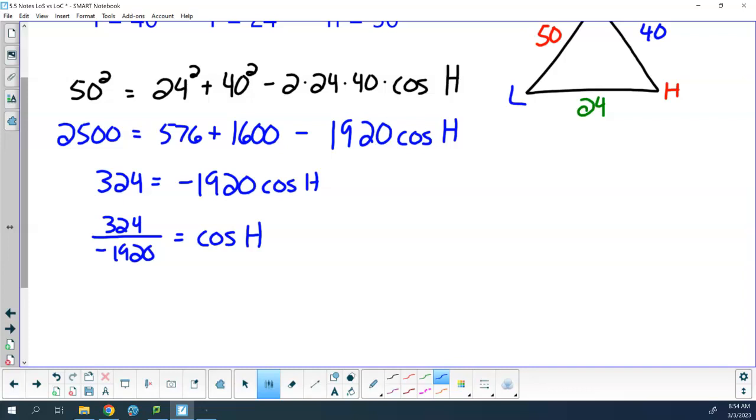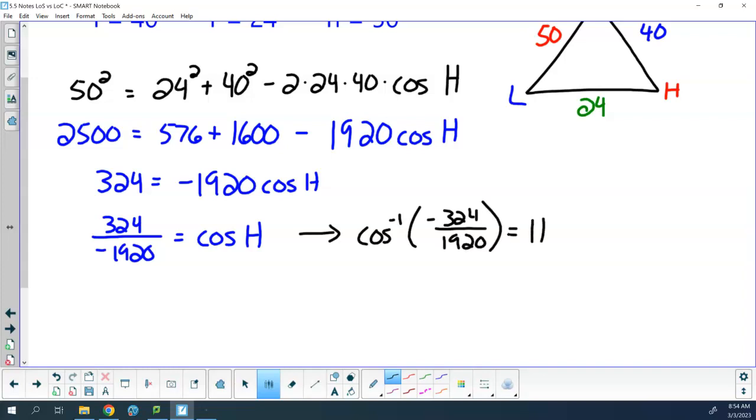So now what do I have to take? Inverse cosine of that. Inverse cosine of negative 324 divided by 1920 gives me 99.715 degrees.